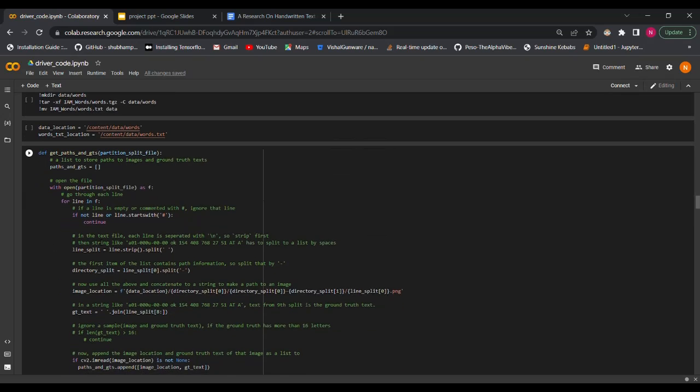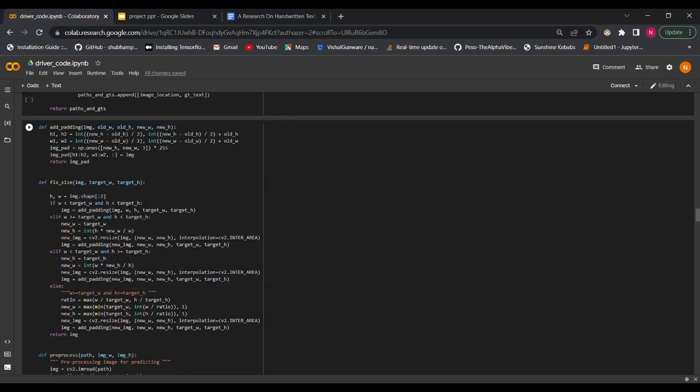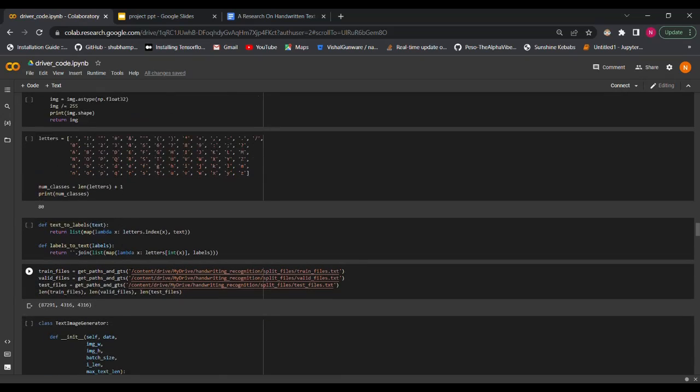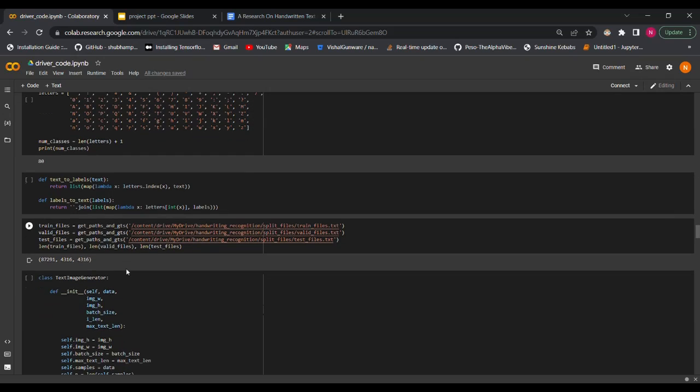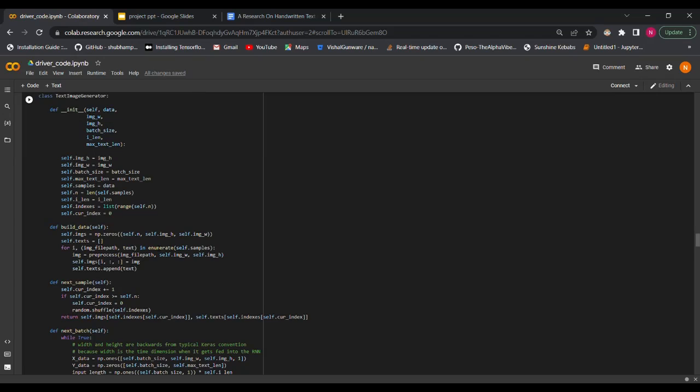This function gave us the text and image from the IAM handwriting dataset. Then we have declared the pre-processing function for the images of the dataset. The dataset is being divided into three parts: training, validation, and testing. We have used this training dataset for training our model.